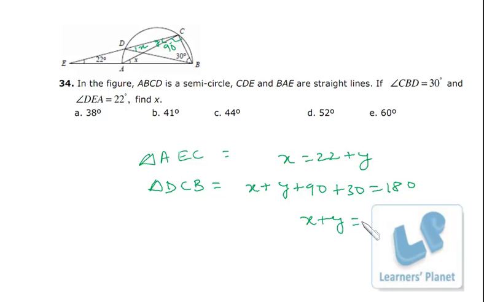So X plus Y is equal to 60 and X minus Y is equal to 22, right? Since we want X, it will be 60 plus 22, that is 82, by 2, that is 41. Pretty simple. So angles in the same segment are equal. That is the only concept we have used over here. Okay, I hope you are clear.